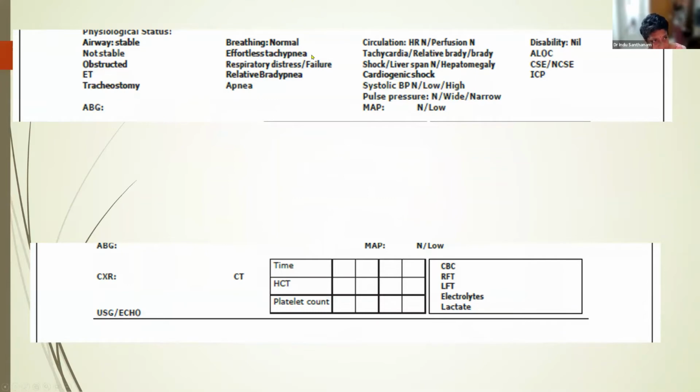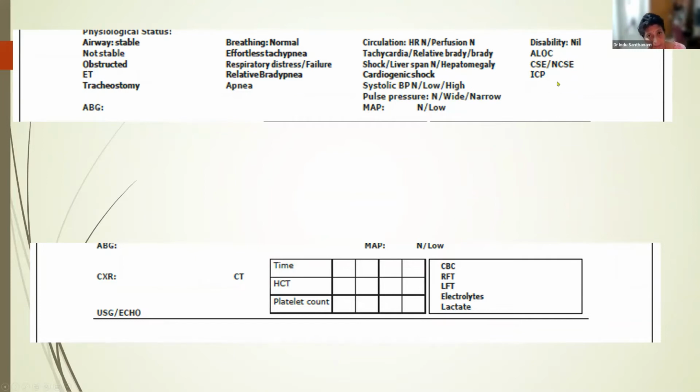What is happening to the airway? What is happening to the breathing? Is it normal? Is the child having respiratory distress? Is the child not breathing at all? Is the child having a normal heart rate, or is he bradycardic? The heart rate is not adequate, or is he having shock? What is happening to his blood pressure? What is happening to his disability? Is he alert? Is he having altered level of consciousness?